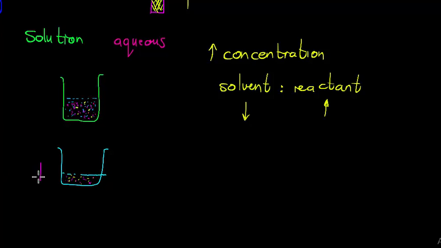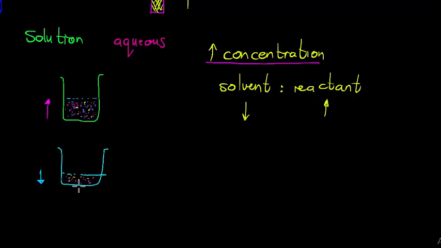So here I've decreased the amount of solvent. Here I've done it with color. Here I've decreased the amount of solvent, and in this one I increased the amount of the reactant in my solvent. In this one, by increasing the amount of reactant in my solvent, I have increased the concentration by adding more reactant, and therefore there are more possibilities of successful collisions because there are more reactants available.